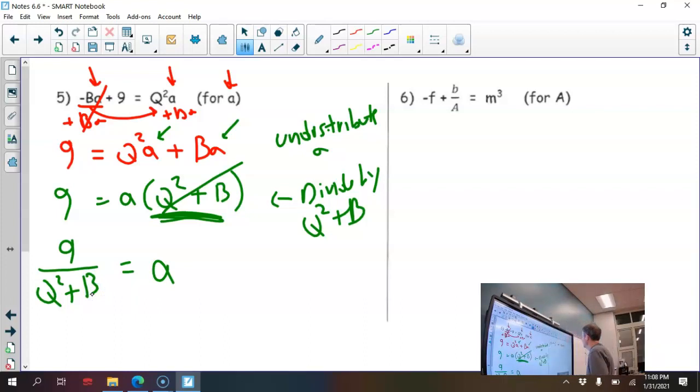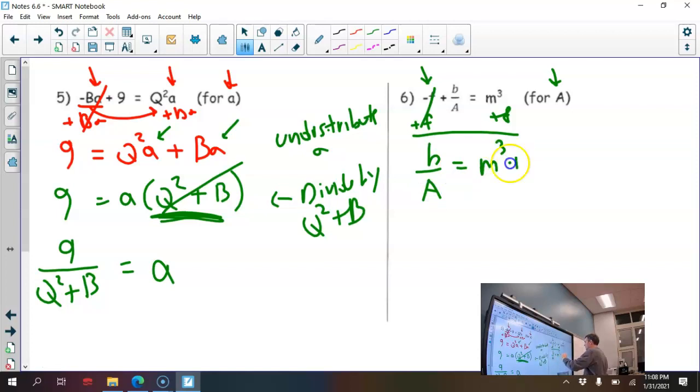All right, last one. This is kind of a tricky one because, again, the variable I'm solving for is in the denominator of the fraction. So I know that I'm going to have to multiply by it to get it out of there. But the first thing I'm going to do is get rid of this f. I'm going to add f to both sides so that I kind of isolate the fraction.